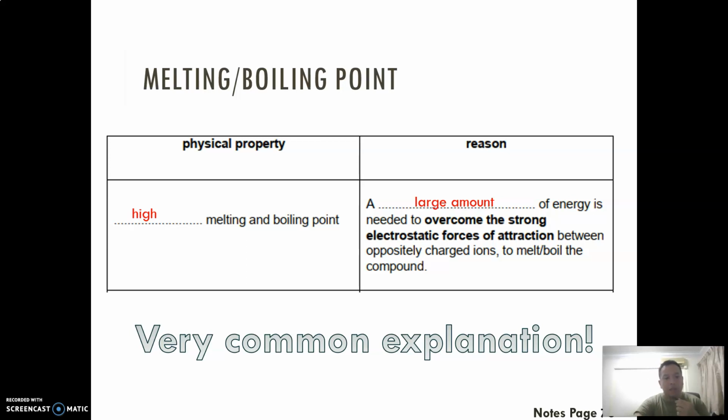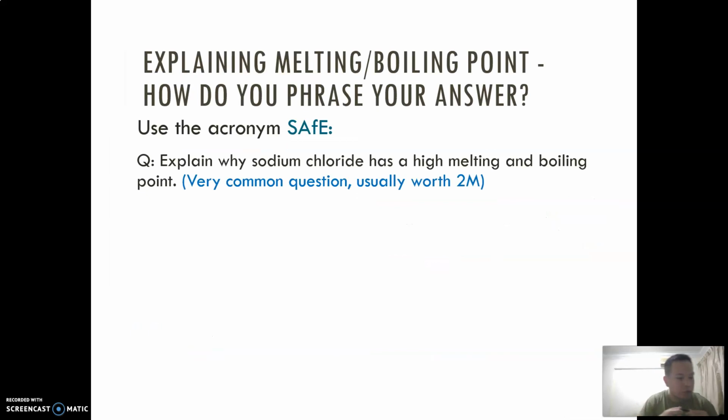And in fact, this is a very common question to be asked in tests and exams. For example, the question will ask you, explain why sodium chloride has a high melting and boiling point. And this question is usually worth 2 marks.